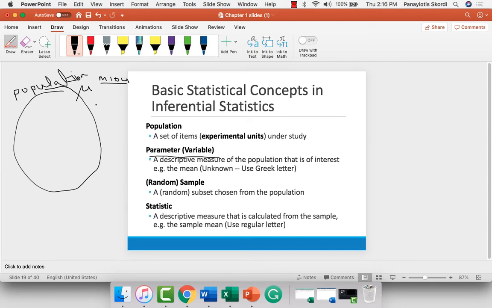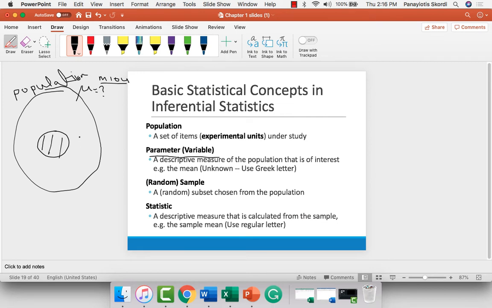Now, with inferential statistics, even though we want to find out whatever this figure is, we don't have access to all the information. So typically we choose a sample. If I'm trying to find the average of all students that come to this university, I don't have access to them. I'll pick a sample of students, which is hopefully representative, and I'll pick out the average of the sample.